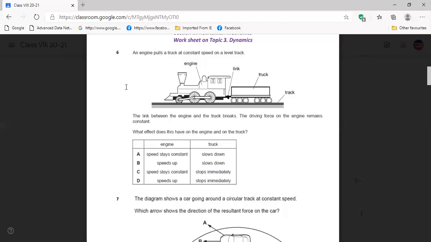I am giving you one example: you are sitting on the bed, and your mom is standing beside the bed, pulling you. She's trying to pull you, and you accelerate a little bit also. And once she released you, what will happen?